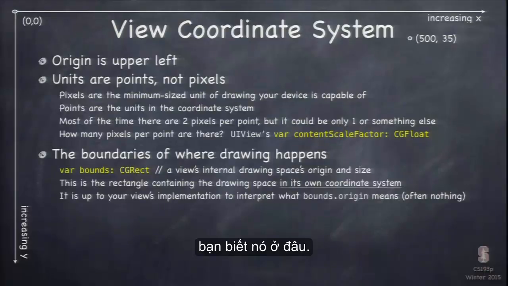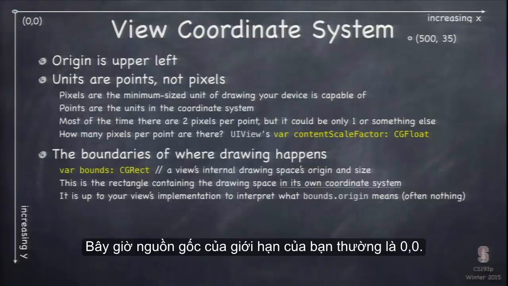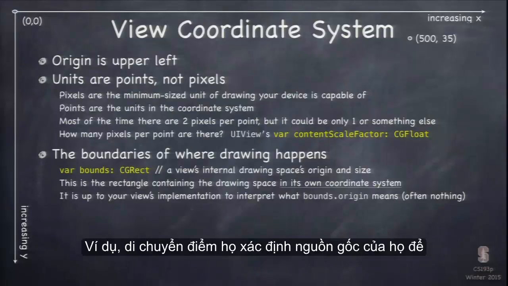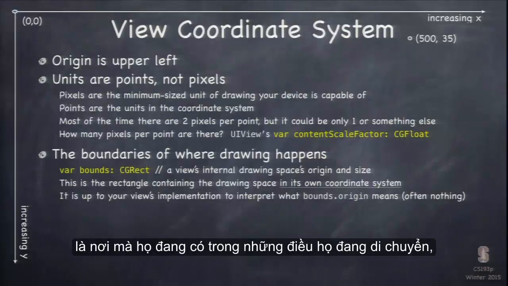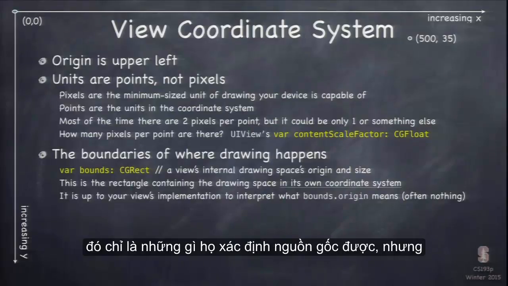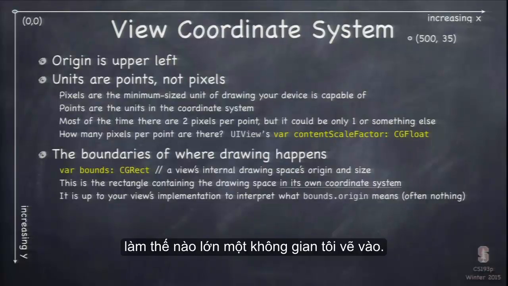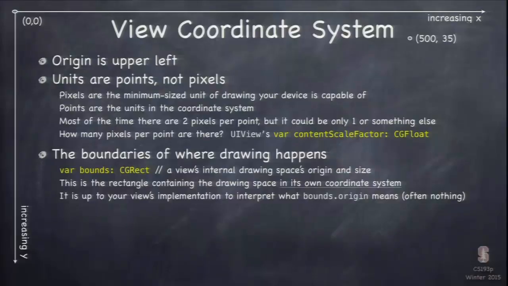Now, the origin of your bounds usually is 0, 0, but you could define it to mean something else. For example, scroll views define their origin to be where they are in the thing they're scrolling. But 90% of the time, your origin is just going to be 0, 0. And so the width and height is what you're going to care about. How big a space am I drawing into?